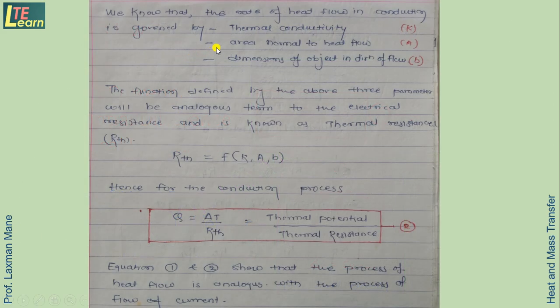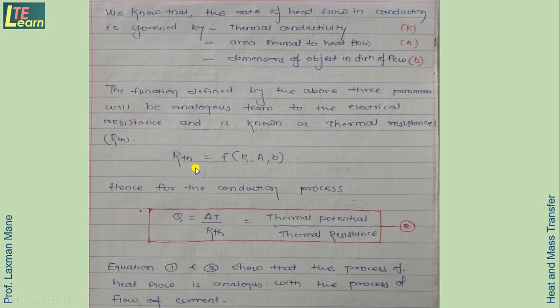Here the rate of heat flow in conduction is governed by the parameters thermal conductivity, area normal to heat flow and dimension of the object in the direction of flow. The function defined by these three parameters is analogous to the electrical resistance, and is known as thermal resistance.